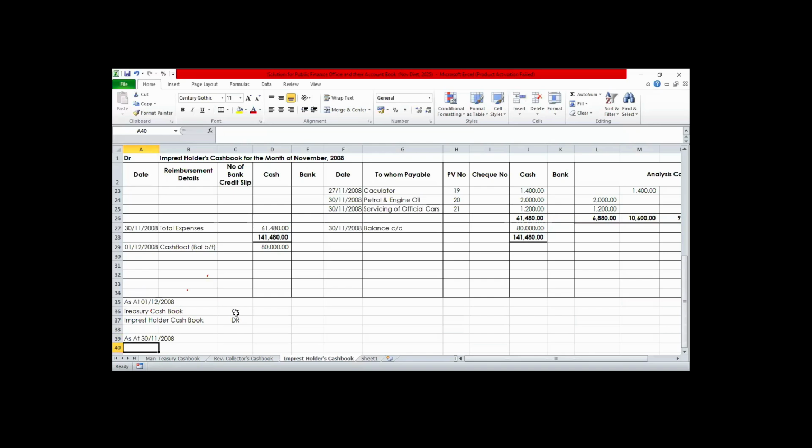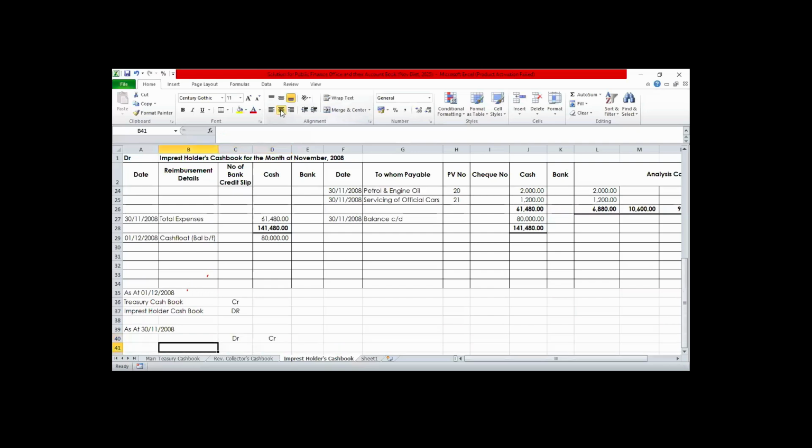Now, look at it here. Debit, credit. Now, as at the beginning of that November, the interest holder received what?